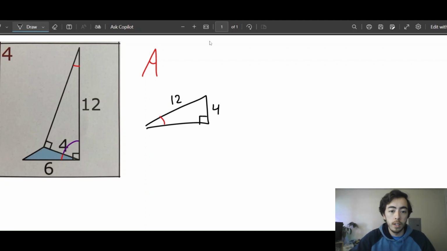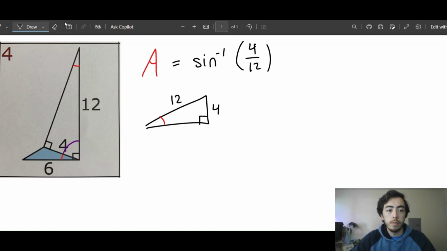So I could write an inverse trig expression that's equal to the measure of this angle. It's going to be sine inverse, because sine has to do with opposite and hypotenuse. So all I got to do is sine inverse of 4/12, though I could reduce that fraction. That's the same thing as 1/3.